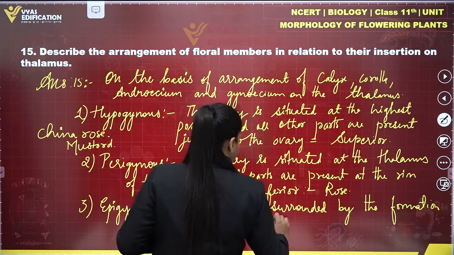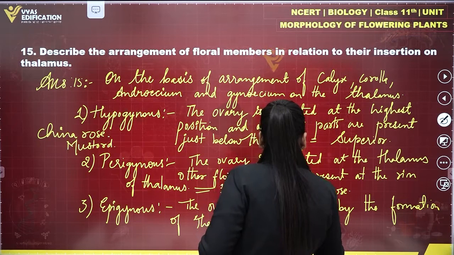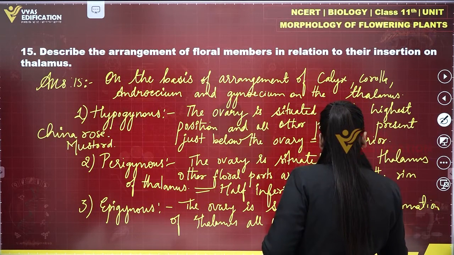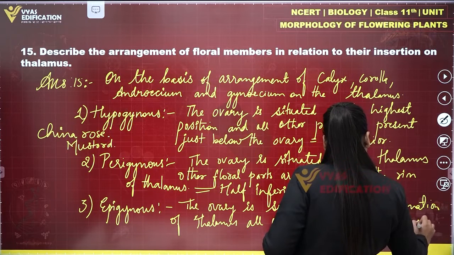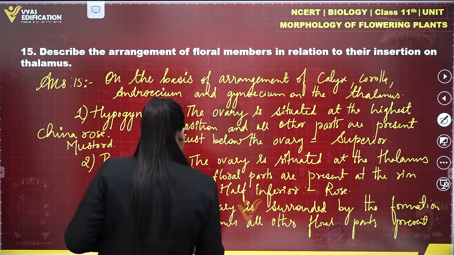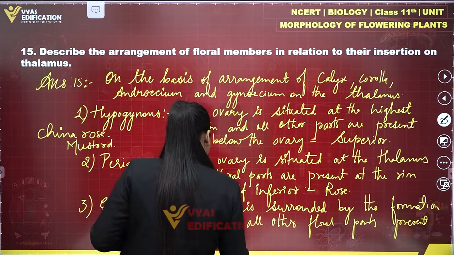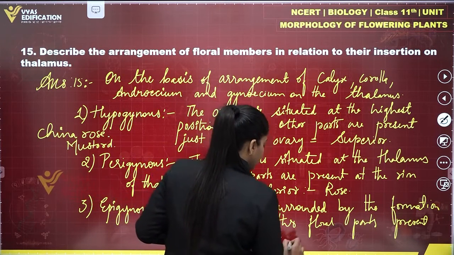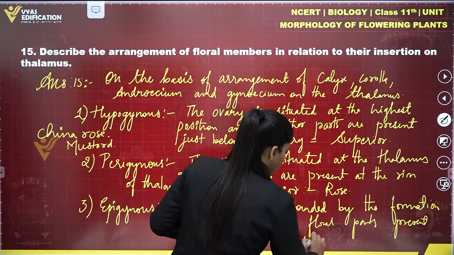All other floral parts are present above the ovary. In this case, the ovary is said to be inferior.